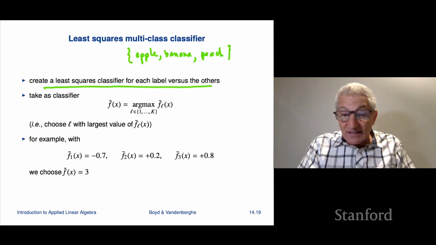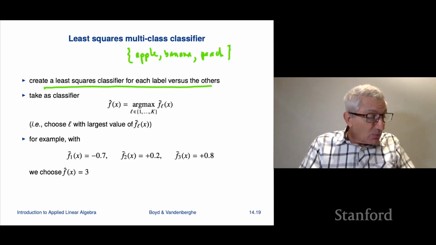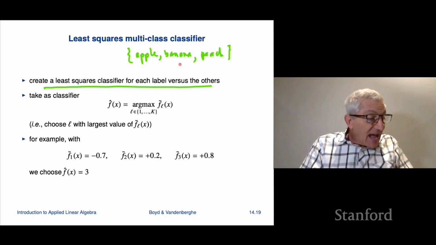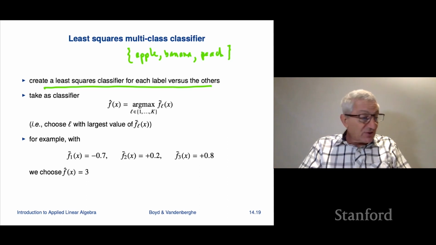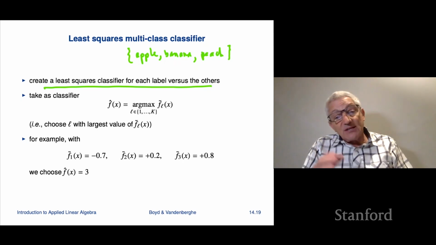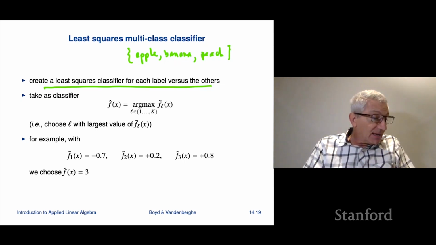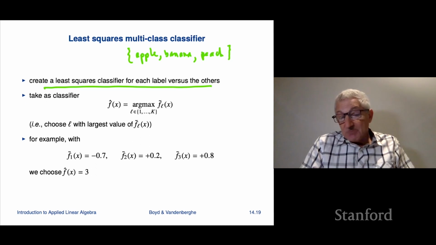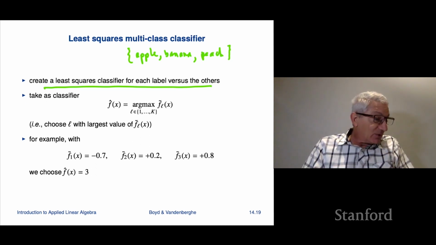We would build a second classifier that attempts to say whether it's a banana versus an apple or a peach, and then finally one that attempts to say, is it a peach versus an apple or a banana? So you build three classifiers, one separately for each of the labels, which attempts to detect that label versus the others. So that's how that would work.